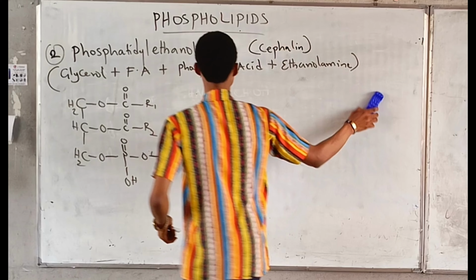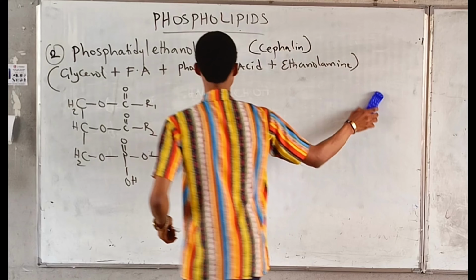Phosphatidic acid, right? The simplest one. But now what I want to draw is phosphatidyl ethanolamine, meaning I have to attach the base, ethanolamine. At this point here, you attach ethanolamine to the phosphate group, right?